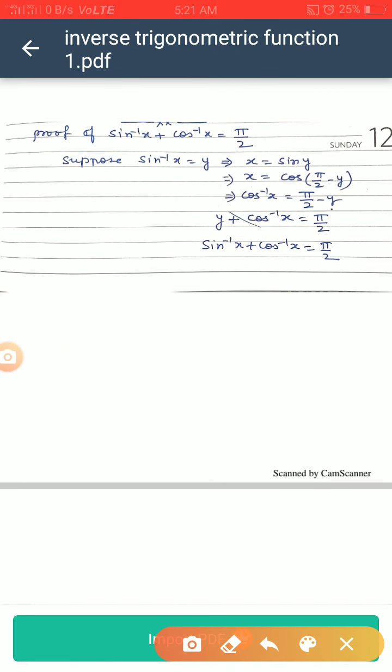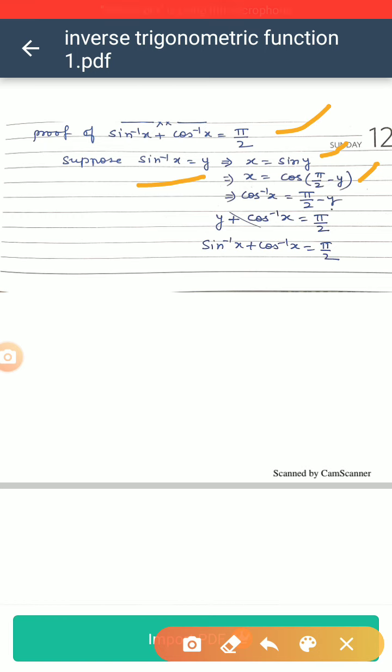Look here, you have to prove that sin inverse x plus cos inverse x is equal to pi by 2. We suppose that sin inverse x is equal to y. So from here we get x equal to sin y, and sin y you already know can be written as cos of pi by 2 minus y.